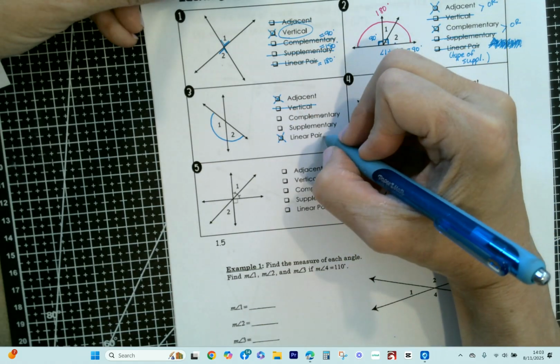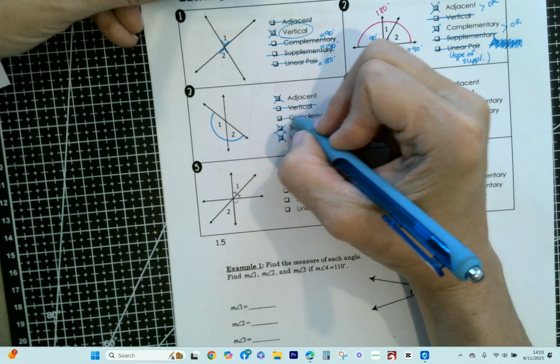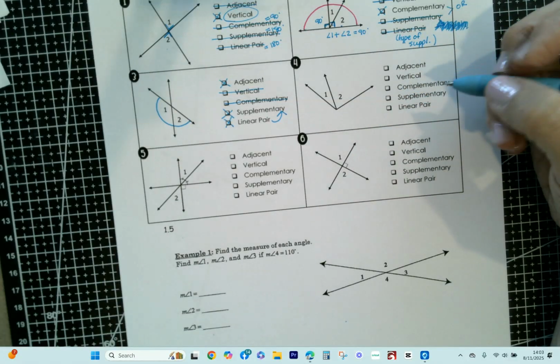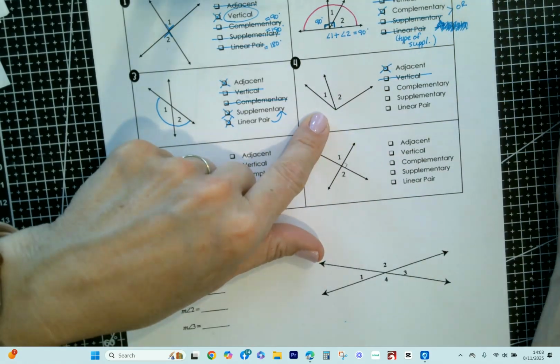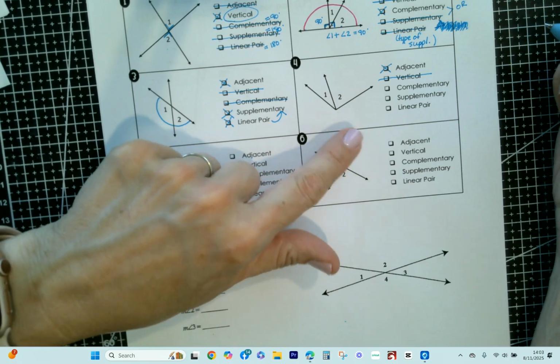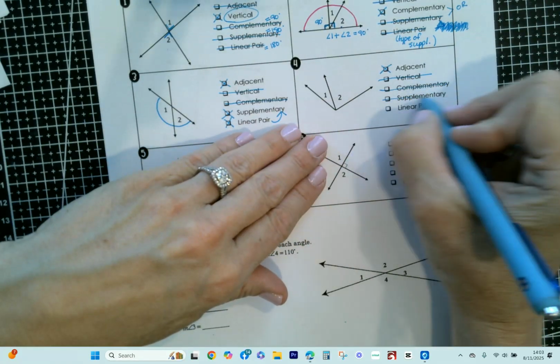And because they're a linear pair, they are also supplementary. Over here, I can see that they're next to each other, so they cannot be vertical. But I don't know anything else. I don't know any measurements. I don't know any boxes. They don't make a straight line. So they can't be any of these.